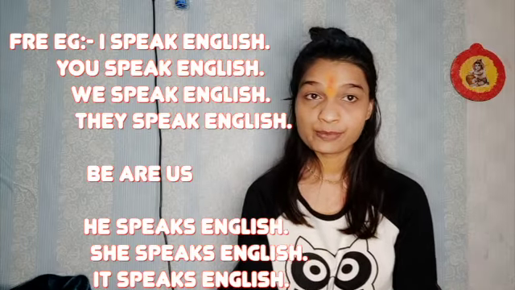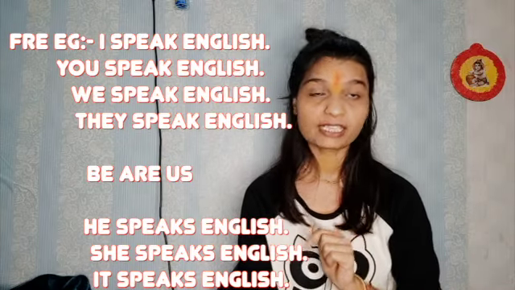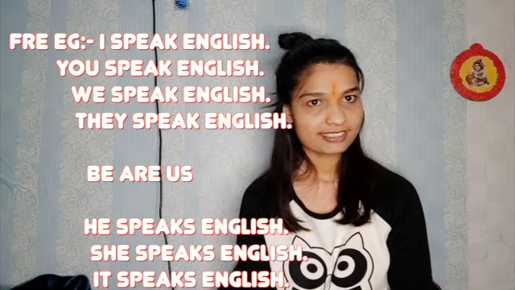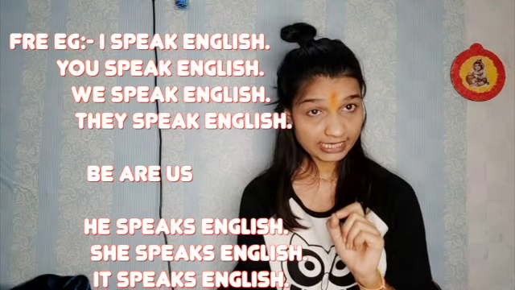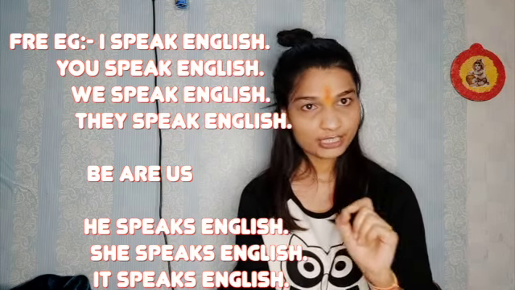So the rule is the same for all three members of one family. Similarly, with all four members of the other family, the rule is the same: we are not adding S at the end of the verb. For example, I speak English, you speak English, we speak English, they speak English. He speaks English, she speaks English, it speaks English.